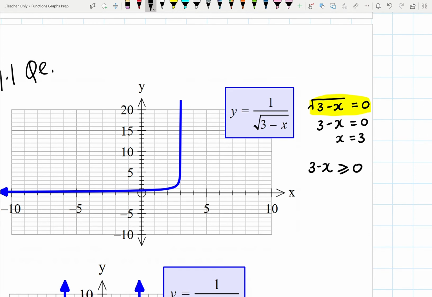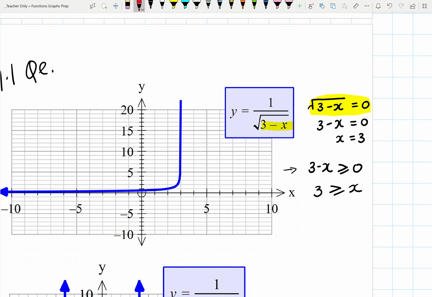We can't take the square root of something that's negative, so the 3 minus x itself has to be greater than or equal to 0. So in actual fact, what we need to do is deal with this inequality, and we have then that 3 is greater than or equal to x.